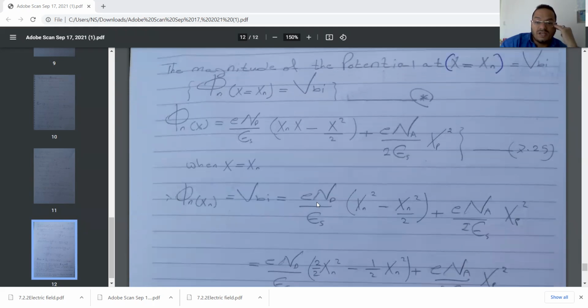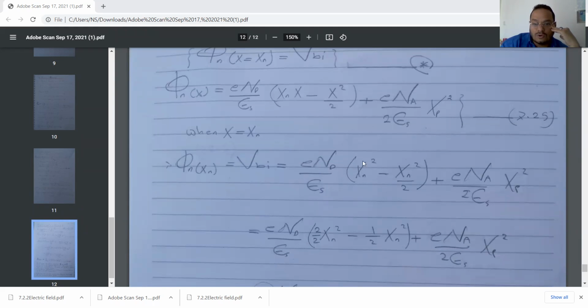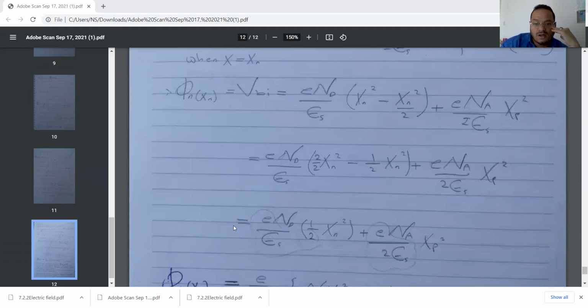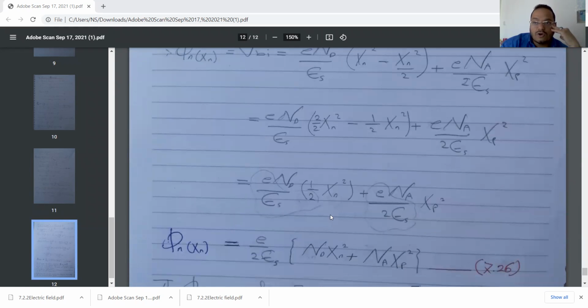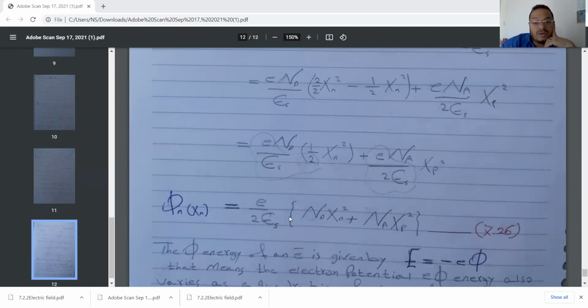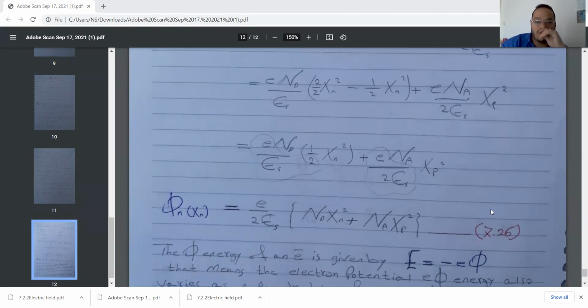After modifying all of that, taking the common factors outside and putting the others between the brackets, V_BI will equal E divided by 2 times the permittivity, times the bracket donor concentration times the width in the N type squared, plus the acceptor concentration times the width in the P region squared, and this equation will be 7.26.